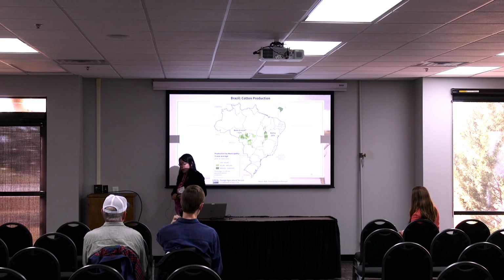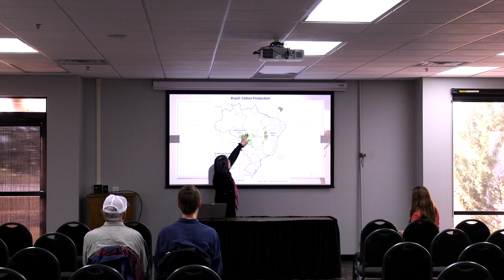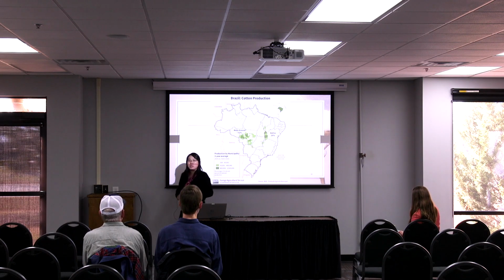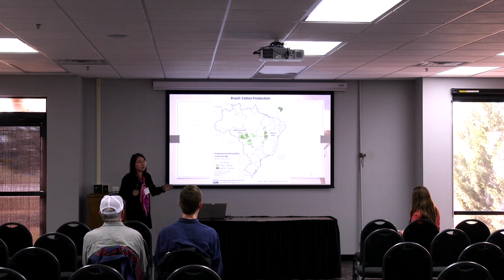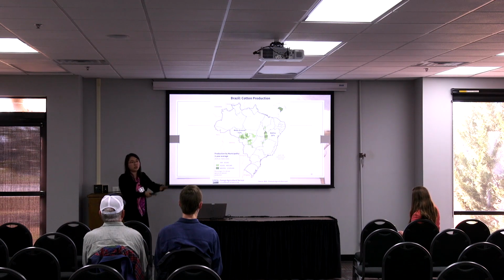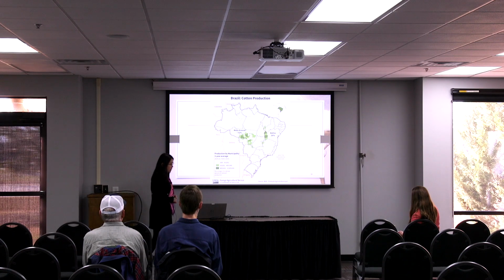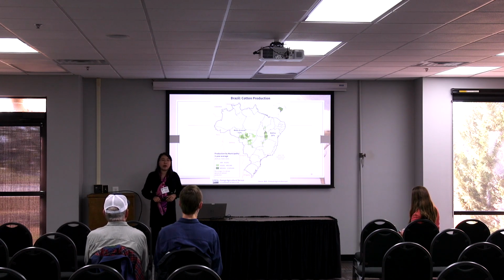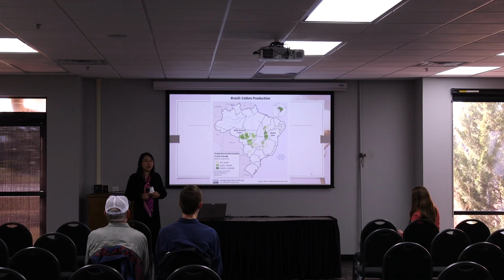But the Brazilian government is working on some infrastructure projects to try and open up new ports in this corner over there, to make it more efficient to transport and ship cotton and their agricultural products to other countries. So if they finish those projects, it will make it very easy for Brazil to export their agricultural products, and then they will compete with U.S. cotton on the global market.